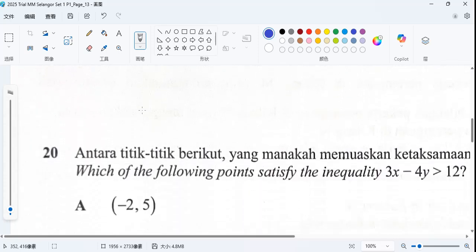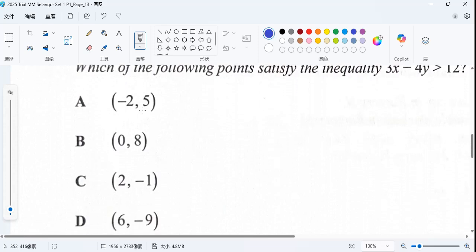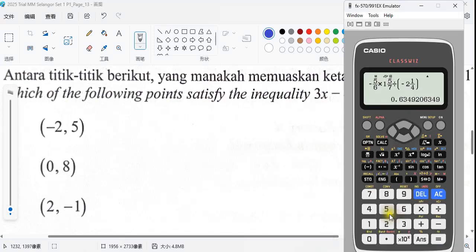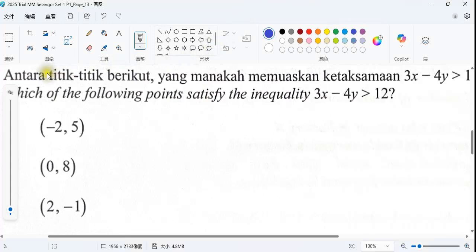Okay. So question number 20, which of the following points satisfies the inequality greater than 12? So we have 3x minus 4y. We substitute with negative 2 and 5 here. Then we have negative 26.